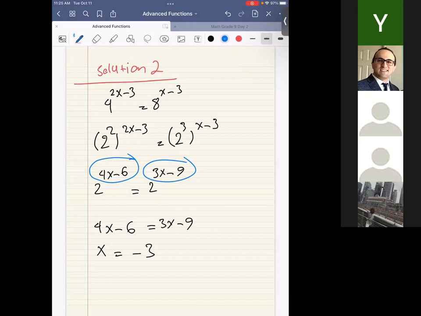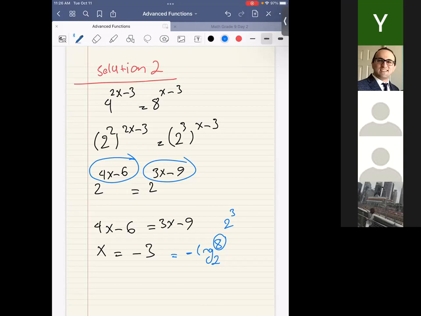One way is to say that minus 3 is equal to minus the log of 8 with base 2. Does it make sense? Because 8 is equal to 2 to the power 3, so log of 2 to the power 3 is just 3. And I keep the minus there.